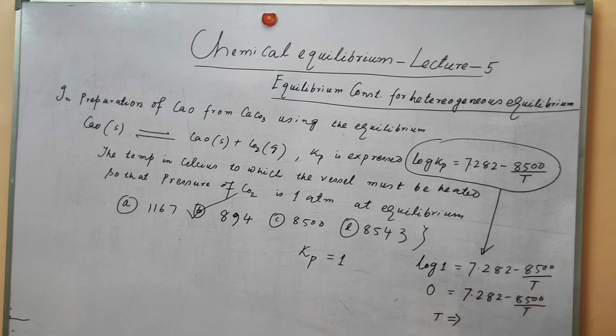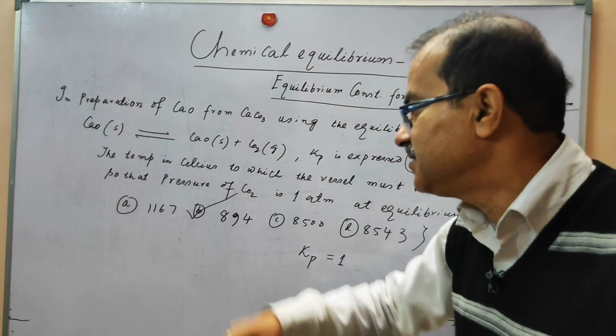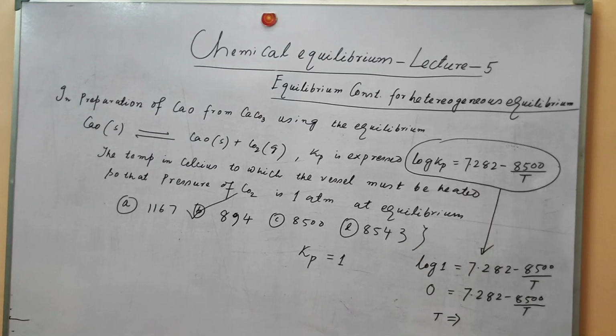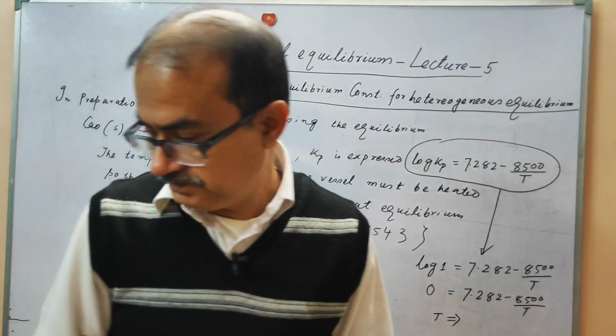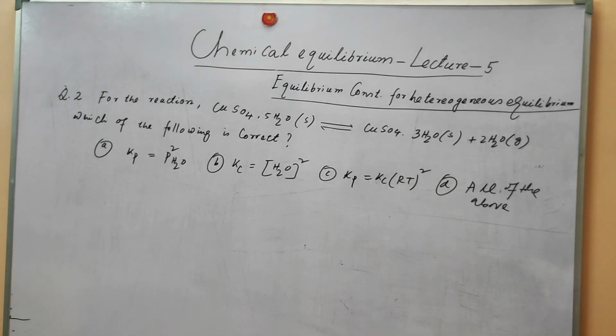So in this fashion we will be able to calculate this. First we have to calculate T, and because you have to answer in Celsius, you have to subtract 273.